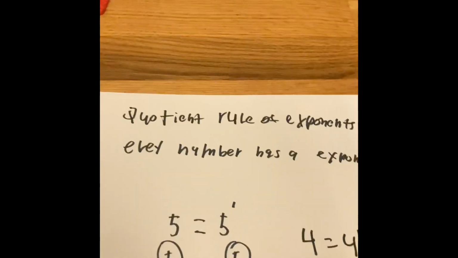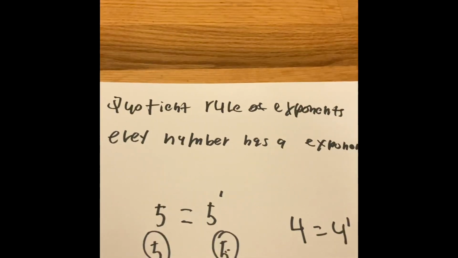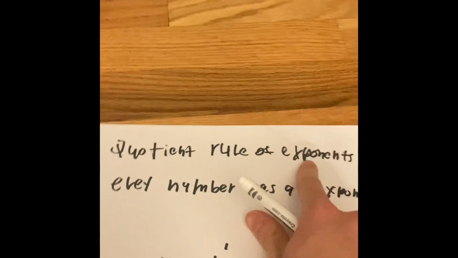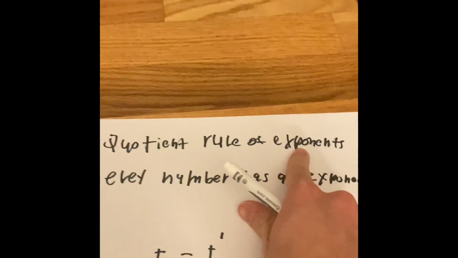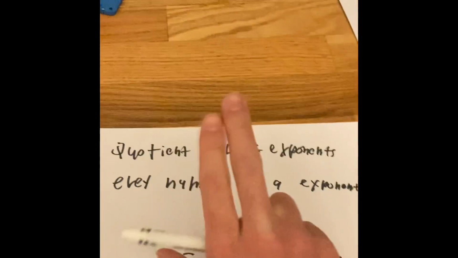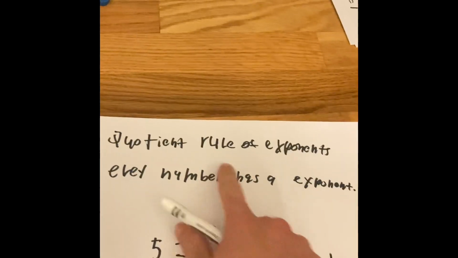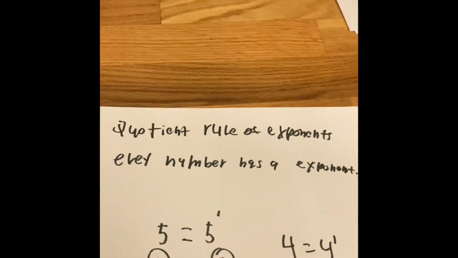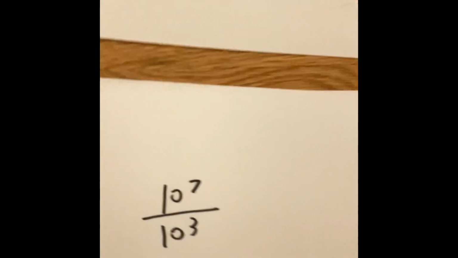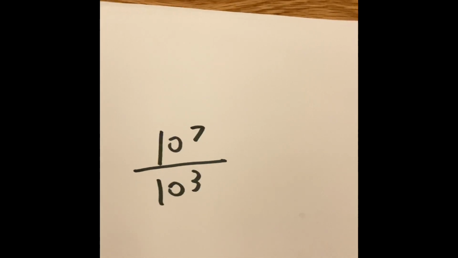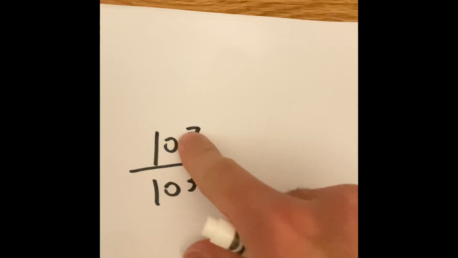Let's move to the quotient rule of exponents. The quotient rule is another strategy that can shortcut you to your answer. Imagine you have 10 to the 7th power being divided by 10 to the 3rd power. What we could do is put them in number form.